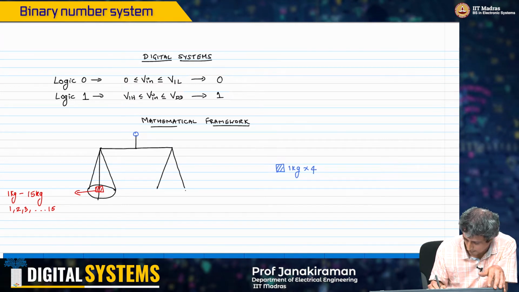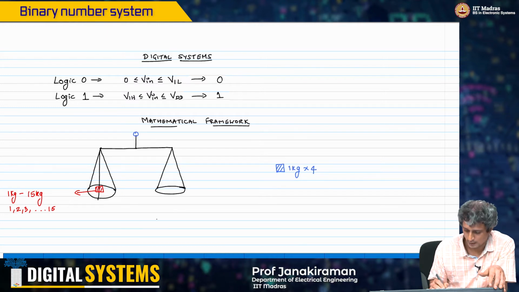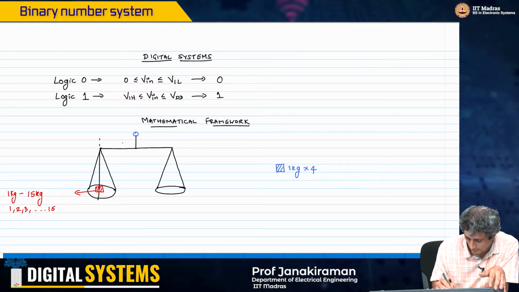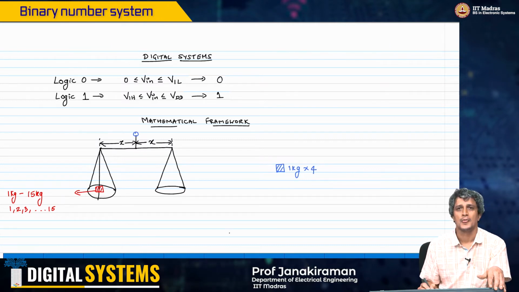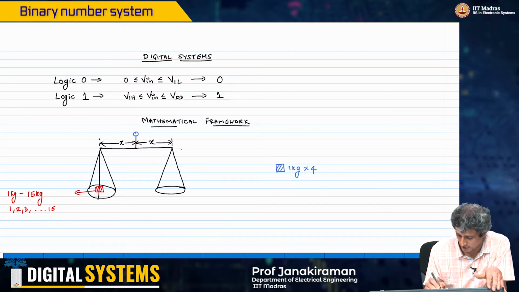right. I have here, okay. So effectively if this is distance x, then this is also distance x, on which I can place a 1 kg.